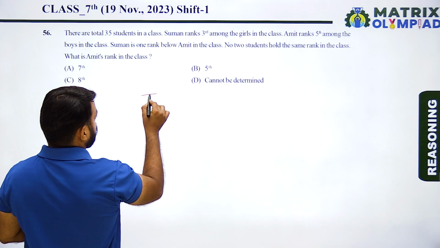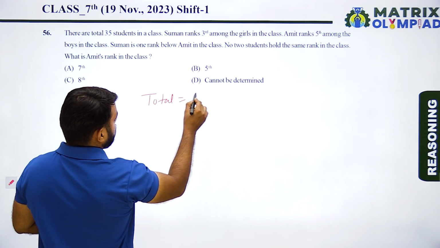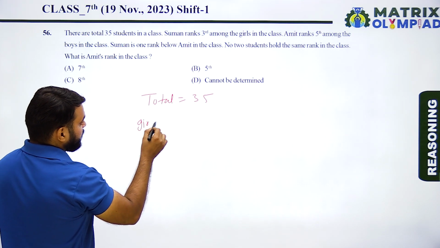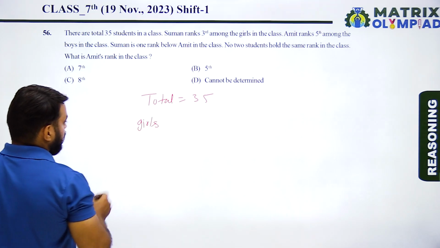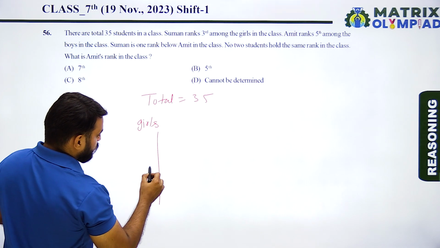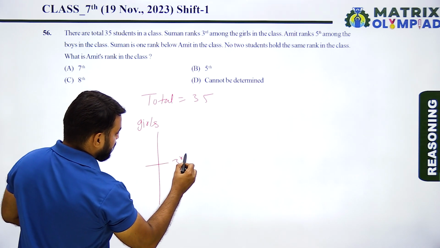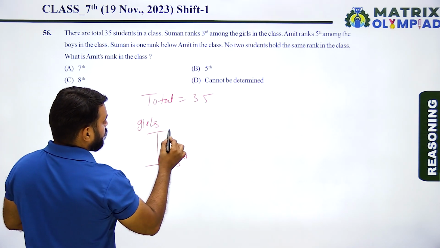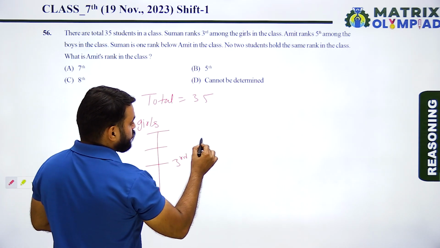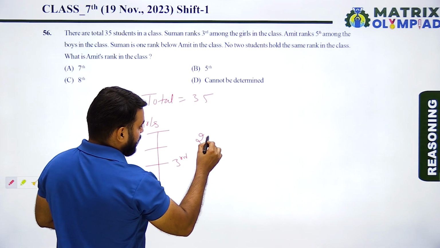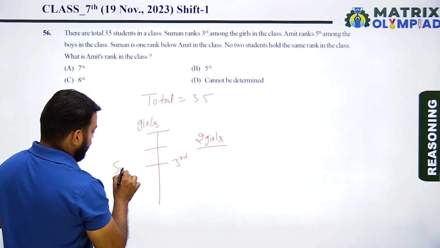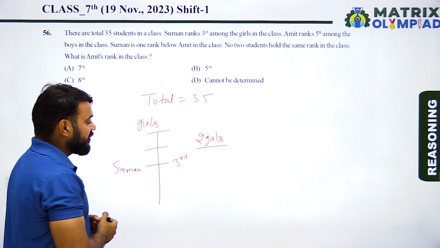So there are total 35 students in this class. In the girls, Suman's rank is 3rd. It means 1, 2, so 2 girls are ahead of Suman.